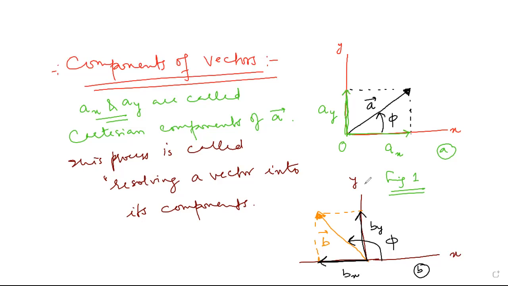Now, the components AX and AY in figure 1A are readily found from, you can see from this figure 1A, AX is just A cos phi and AY is A sin phi.